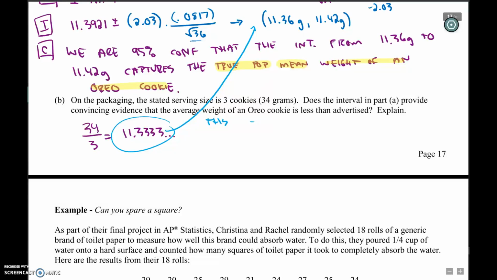This sample provides convincing evidence that the weight, it actually provides convincing evidence that the weight of cookies is actually more than what's advertised. That the weight is more than what's advertised.